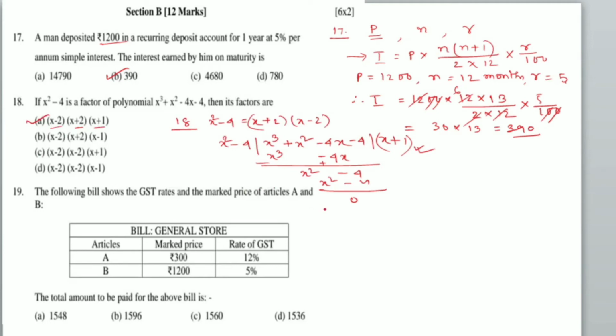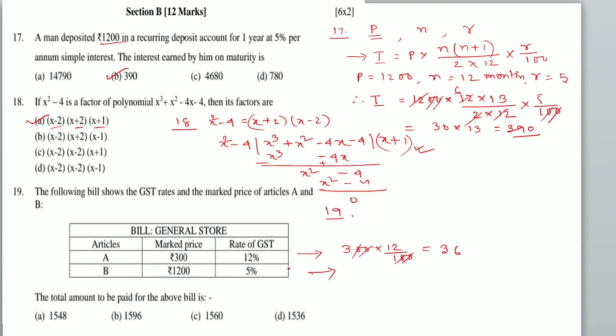Okay. Now we will solve problem number 19. Here you can see the following bill shows the GST rates and the mark price of article A and B. So for article A, the GST amount will be rupees 300 into 12%, means rupees 36.